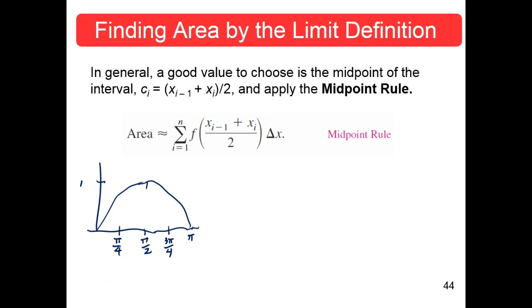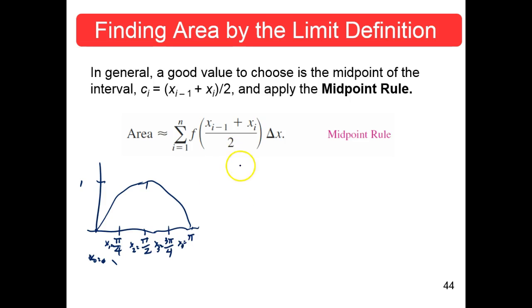Here we're going to do this one. Okay, so here are the points. x sub 0 is equal to 0. This is x sub 1, x sub 2, x sub 3, and x sub 4. Okay, that's our 4.